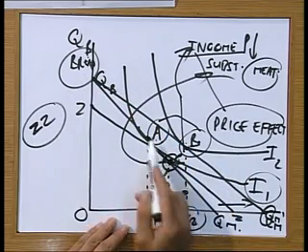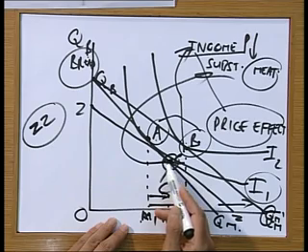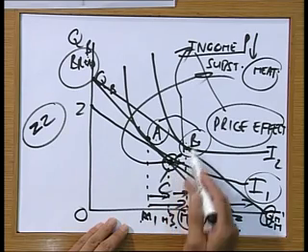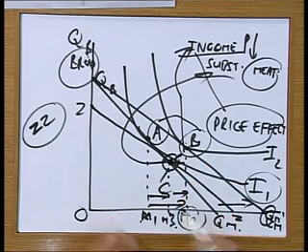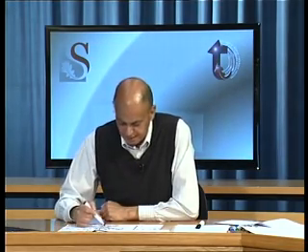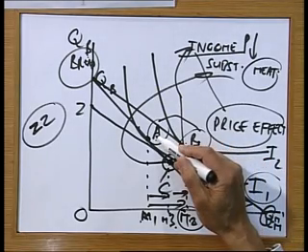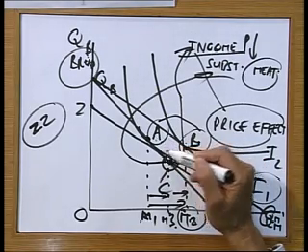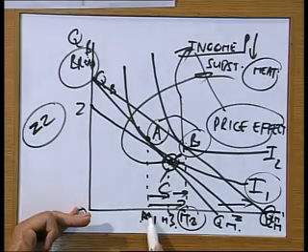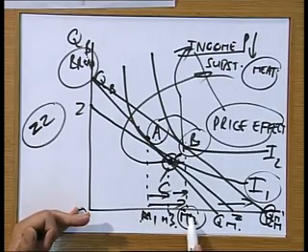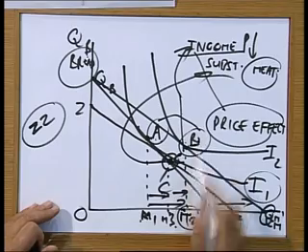So the movement from A to C is the substitution effect, and the movement from C to B is the income effect. So just to summarize, because of the price decrease, the quantity of meat being purchased increased from M1 to M2. That is the whole effect, that means from A to B.